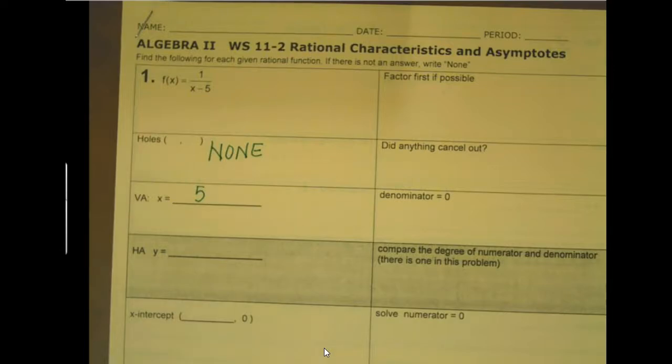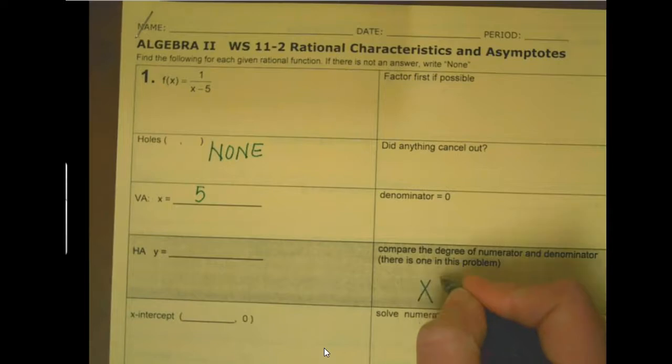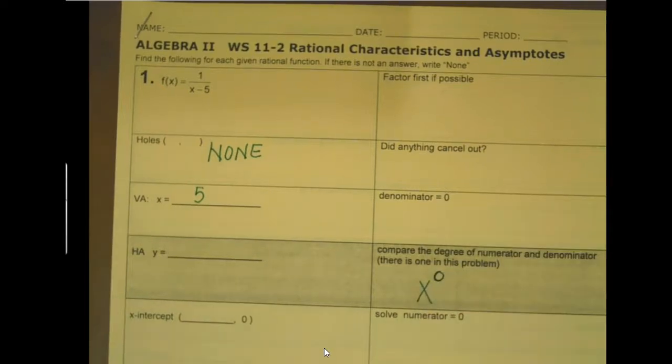There's not an x in the numerator. You see an x in the numerator? If there is not an x in the numerator, that's x to the 0 power. Do we remember what anything raised to the 0 power is?